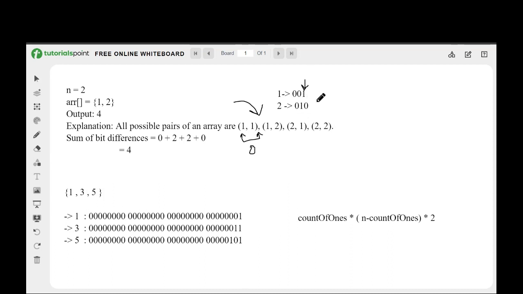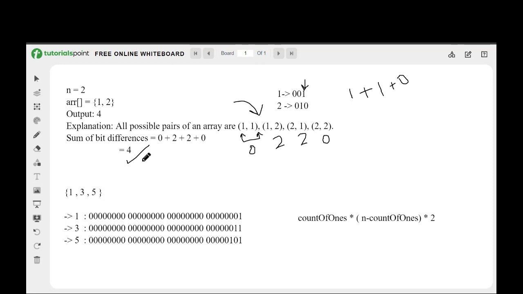Here it is set and here it is unset, so we got 1. Now if we see the next bit, here it is unset and here it is set, so we will again get a 1, that is one more difference. And again we check the third bit, that is the same, so we have a 0. In this case we will have two differences, again 2 comma 1 will have two differences and the equal pairs will have zero differences. So with this we get the total sum of differences as 4.